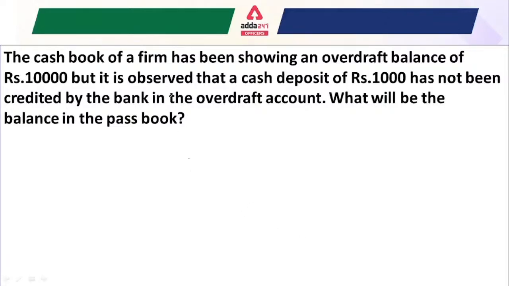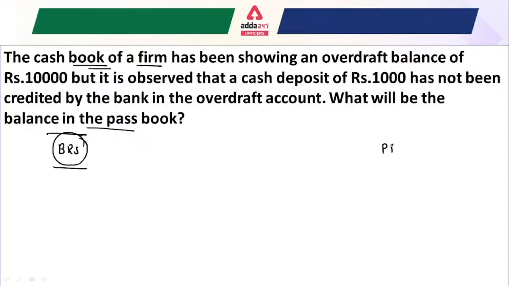Whenever you are going to solve the questions of the bank reconciliation statement in the exam, if the balance of the cash book is given, like in this, the cash book balance of the firm is given as 10,000 rupees, and you have to find out the balance of the passbook.